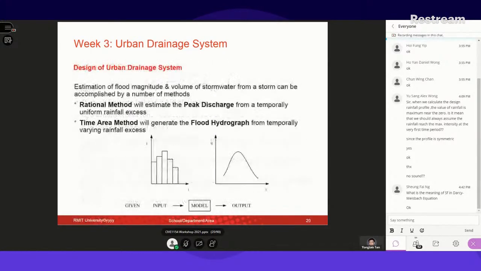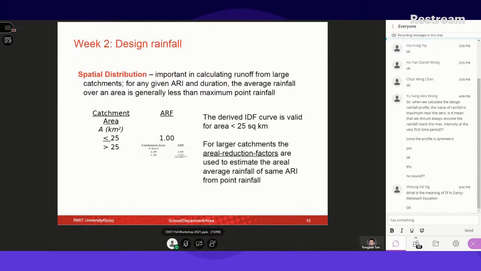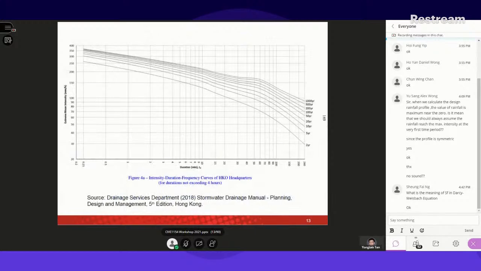Let me go back to the curve. For the rational method, we use the IDF curve. The duration is the time of concentration. For example, if it is 0.5 hours, I mean 30 minutes, with a 2-year interval, we can get the intensity here.